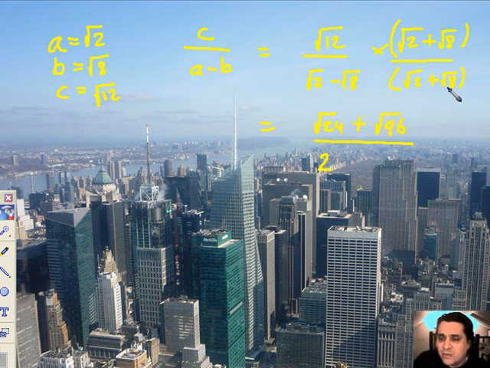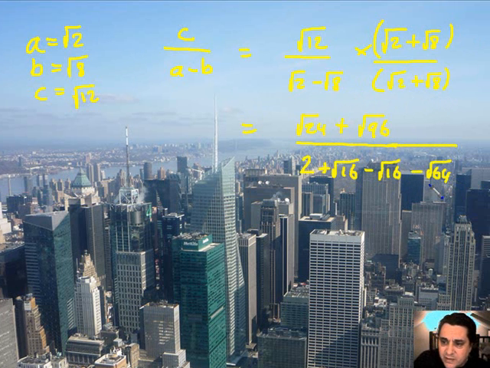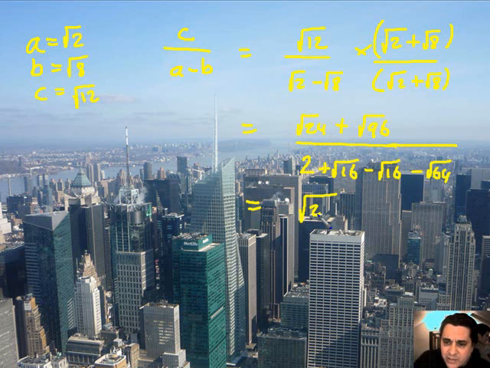Root 2 times root 8 is root 16, so that's plus root 16. Root 8 times root 2, that's going to be minus root 16, and let's extend it a little bit. Root 8 times root 8 is going to be minus root 64. I've got a feeling I shouldn't have done that bit, but anyway, I'm going to keep going and see where it goes. Alright, it's just an experiment.